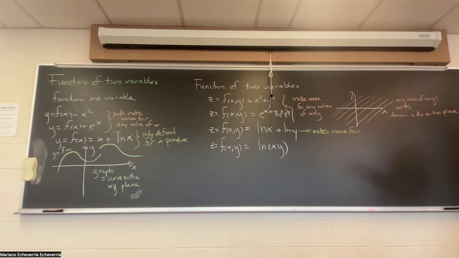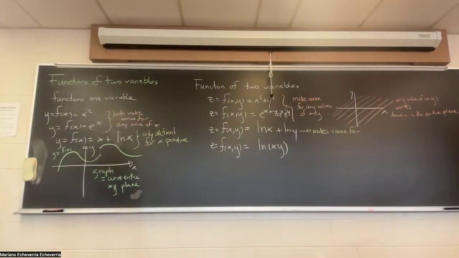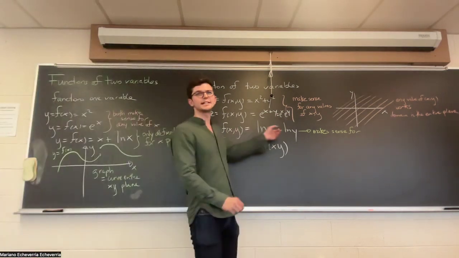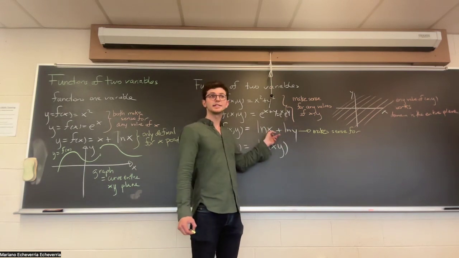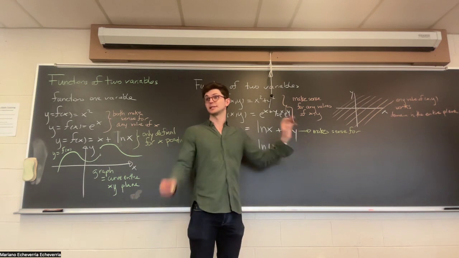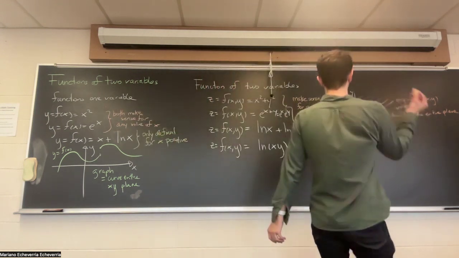You want to ask what values of x and y can you choose to get an actual output? You don't want to get an error on the calculator. So what you need is the natural log to make sense for each of these two pieces individually. So you want x to be positive, and you also want y to be positive. You want both of those to be true separately.